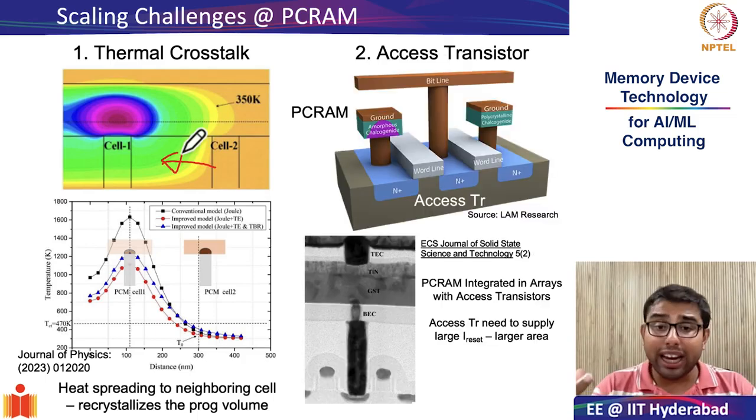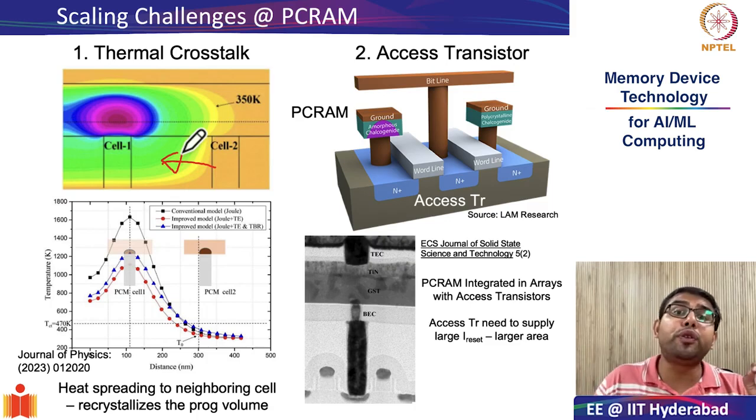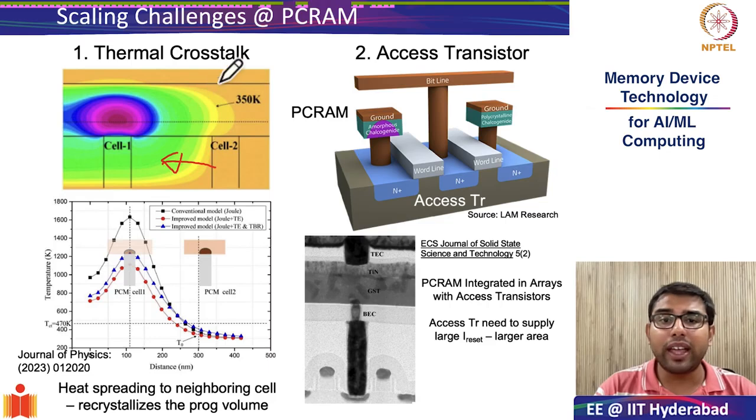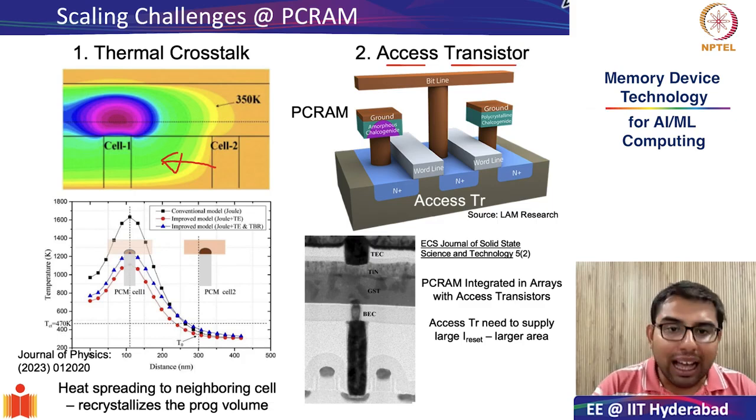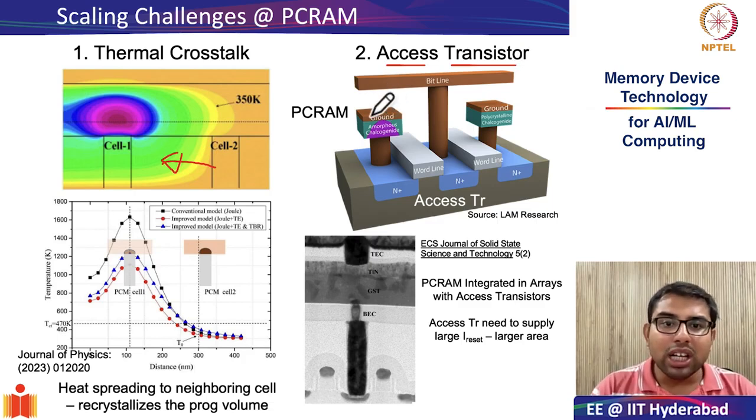However, the second, more important or bigger, bottleneck is the problem of forcefully having to use something called the access transistor. Now, remember, the promise of two-terminal memristors was to have memory behavior just with two terminals and an active functional layer.